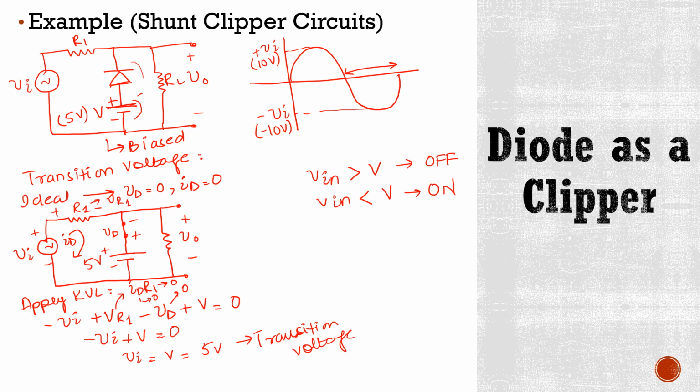So the input voltage must be greater than the transition voltage, which is 5 volts, for the diode to be in the off state, and any input voltage less than this will result in a short circuited diode.